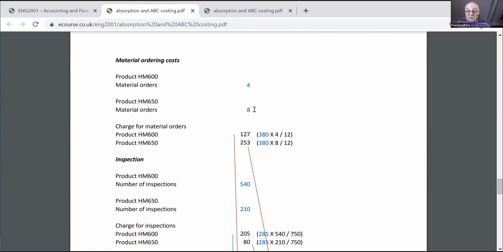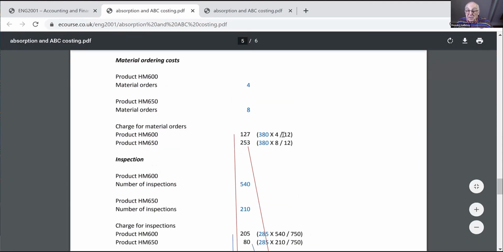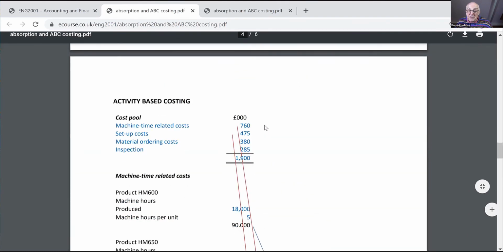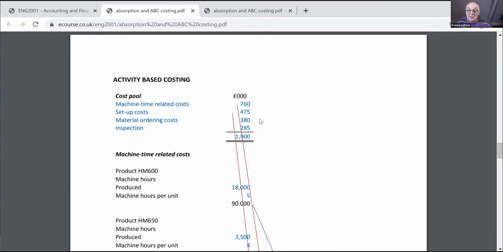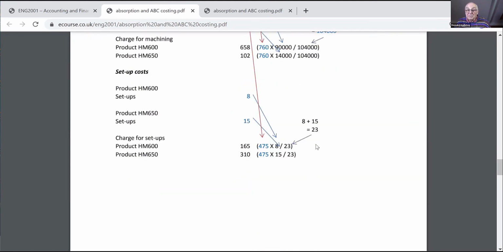That will have to be measured within the business itself, and the engineers and the accountants will have to identify these as driving costs. So that gives us a cost base here, very easy to understand, 12 and 4/12 of the 380. And I'll go back at the risk of confusing everything. There's that 380 there. And we're just dividing in the ratio of 8 23rds and 15 23rds. So we get 165 and 310.